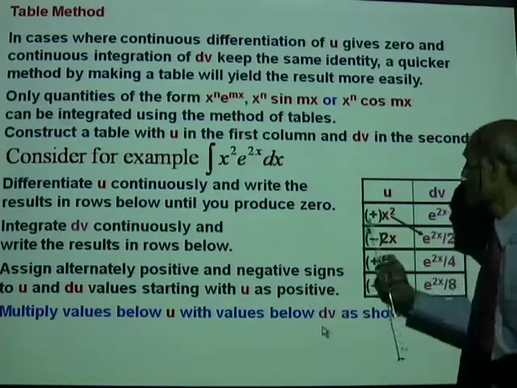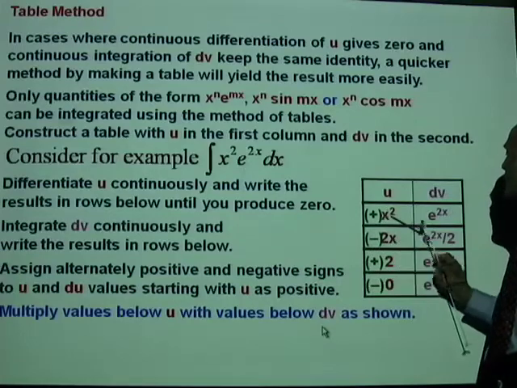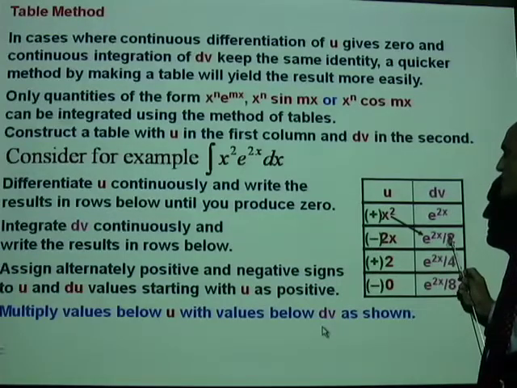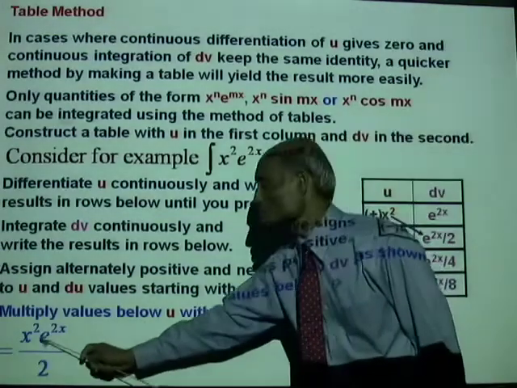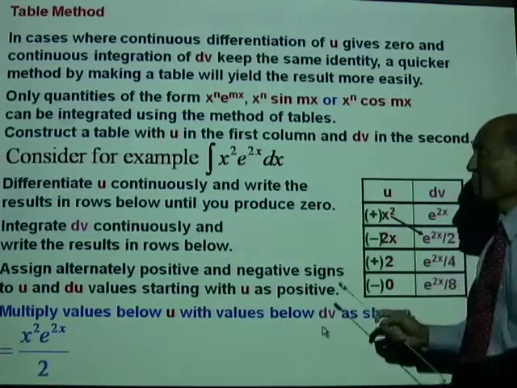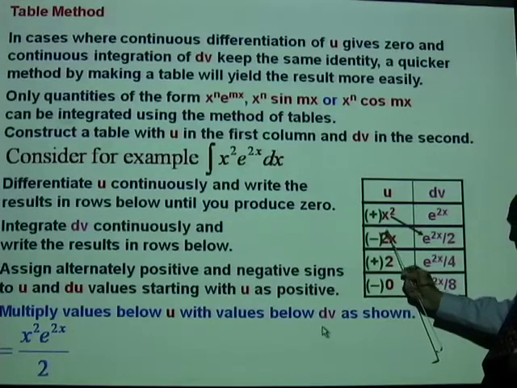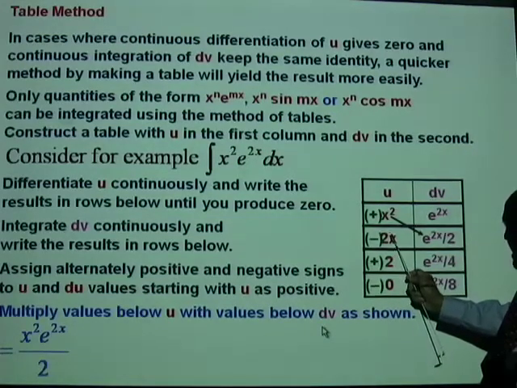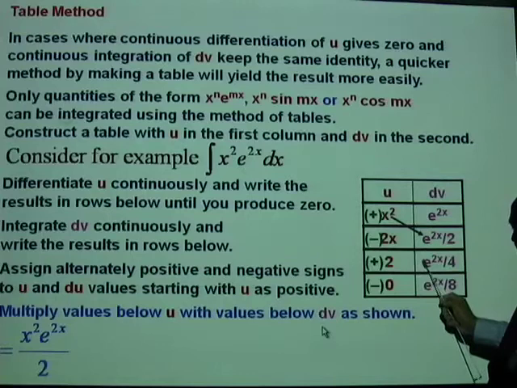So what is our first term in the integration? It will be x squared e to the power of 2x divided by 2. That is the first term. What is the next term? Multiply the next du term with that dv.